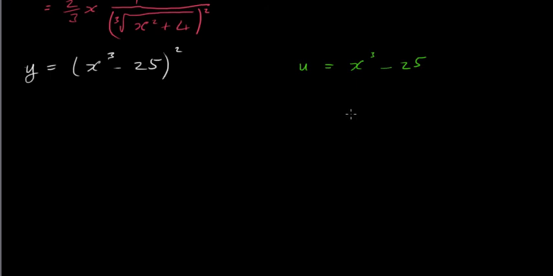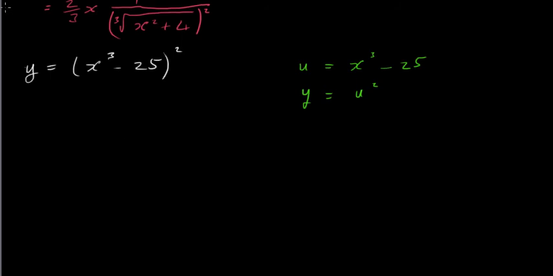U is equal to x cubed minus 25. That's simply what's inside the bracket there. And then we're going to say y is just going to be u squared. So this y here is just u squared.